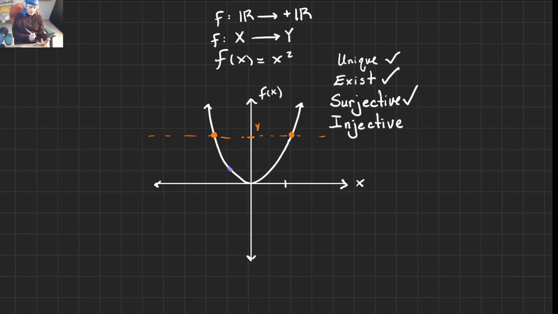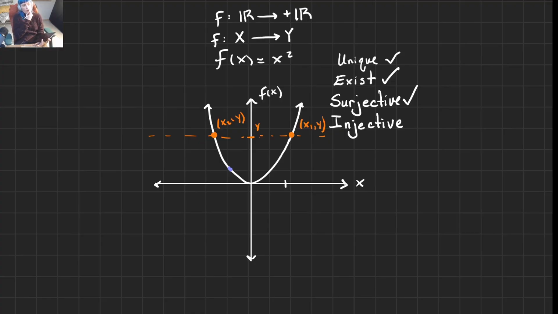But here we see it intersects with the graph twice. So x squared does not satisfy the injective property as is, because x1 is clearly not equal to x2. They're two different values, and injectivity requires that they be the same.